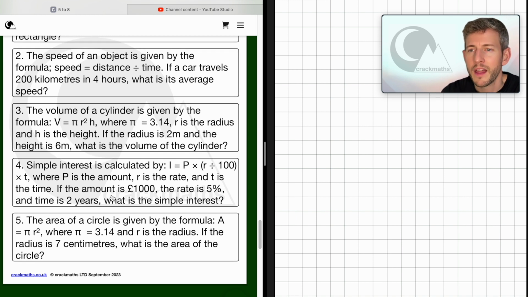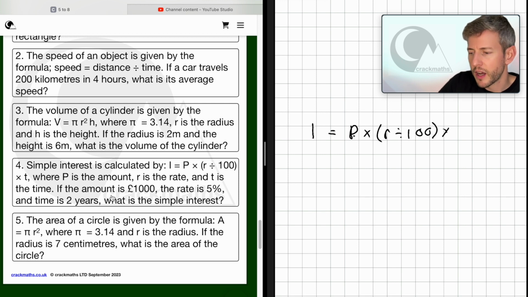So here we go, it says simple interest is calculated by interest equals P times by R divided by 100 times T. So they've been quite nice to us here. They've reminded us that the numbers next to the brackets means times. So this is relatively straightforward. But we've got to get the information out of the question.